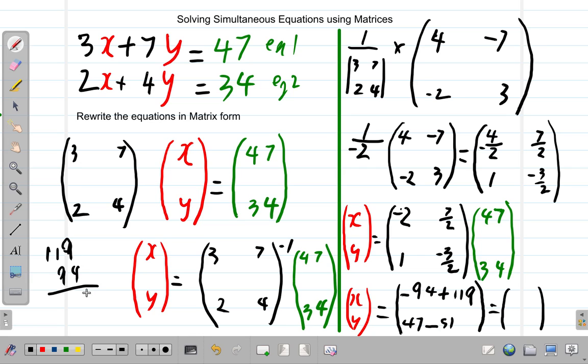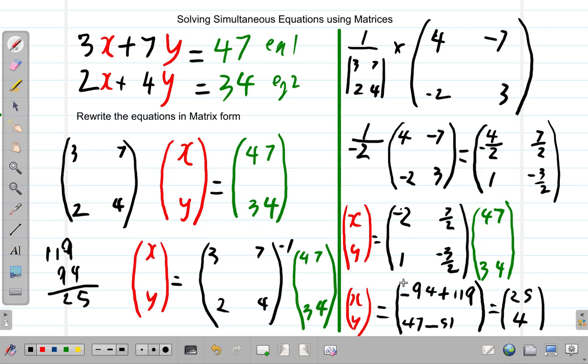So 9 minus 4 is 5. 9 minus 11, 11 minus 9, that's 2. So we have 25. And then after that, 47 minus 51. 47, 48, 49, 50, 51. That's negative 4.